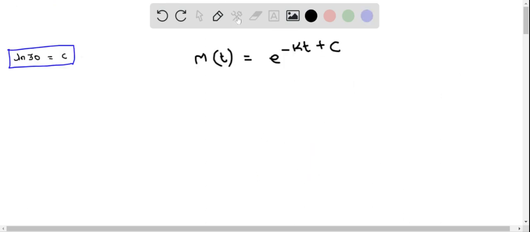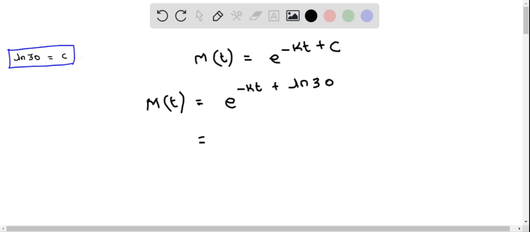And so we plug this value of c into the m of t function. Let me do that. I write m of t equals e raised to the power of negative kt plus natural logarithm of 30.